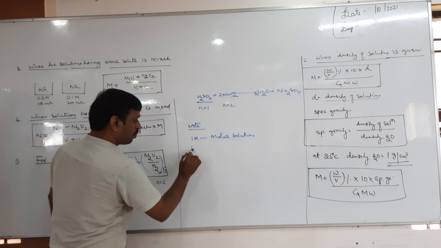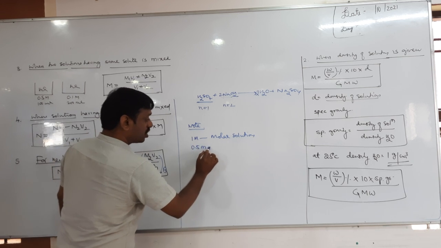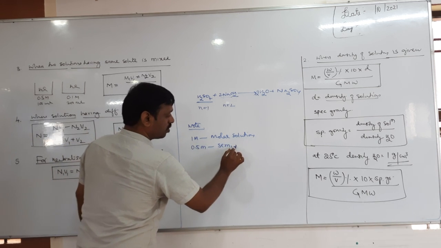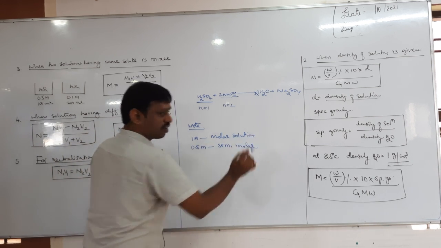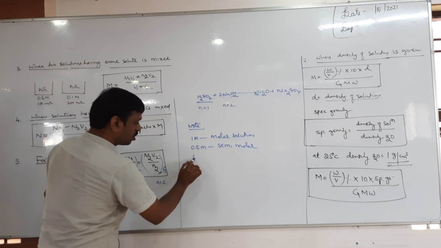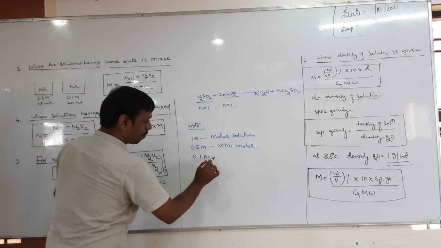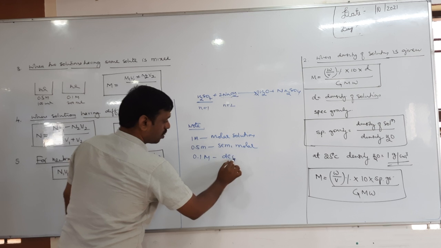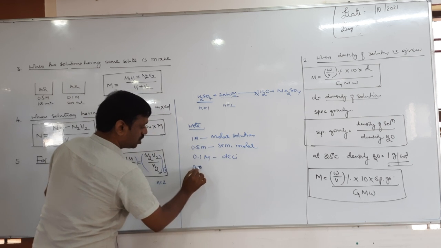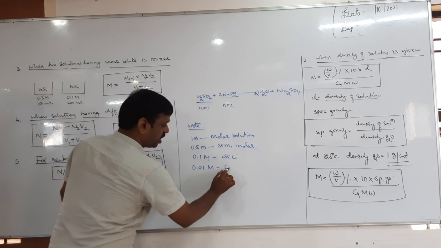If the molarity is 0.5, it is called semimolar. If the molarity is 0.1 M, it is decimolar, and 0.01 is centimolar.